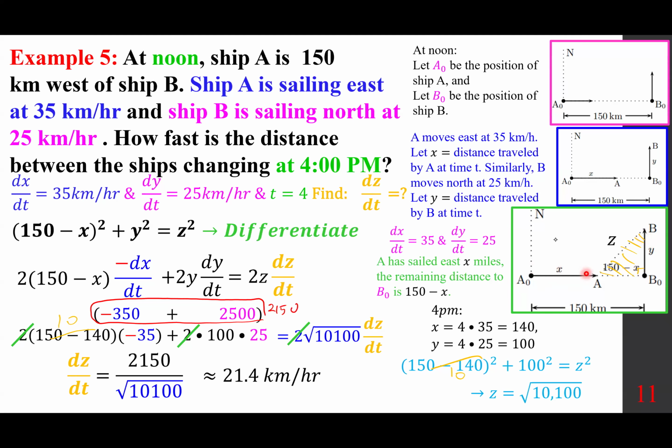That's why, if this is x, dx dt is 35 kilometers per hour, dy dt is 25 kilometers per hour. It's very important to do that. And t is 4 because from noon to 4, and we want dz dt. This uses the Pythagorean theorem: 150 minus x, quantity squared, plus y squared equals z squared. The rest is just very basic. The hardest part is to find this equation. Even differentiation is very easy.